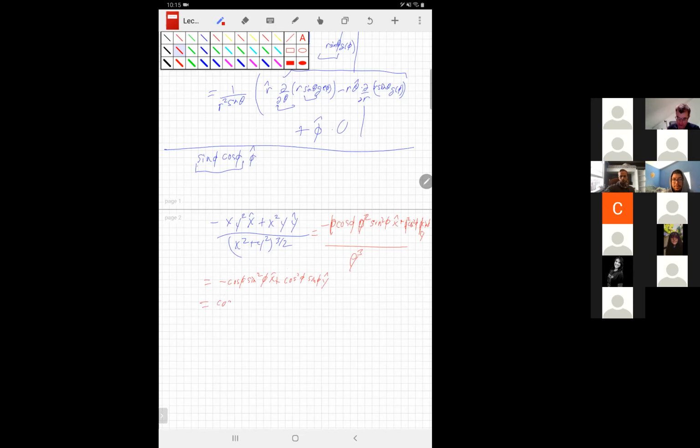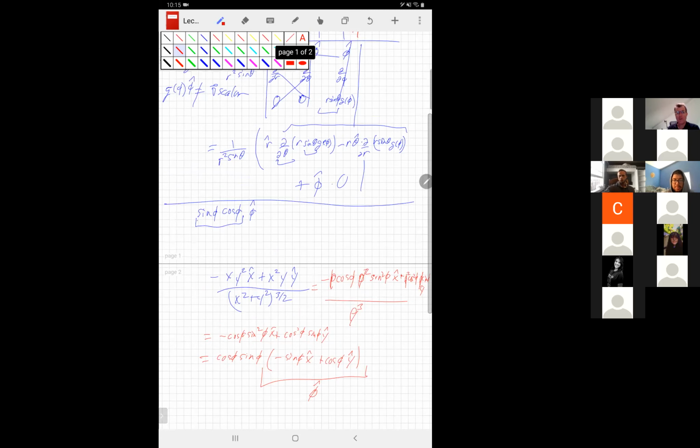So if I just pull out cos phi sine phi, I'm left with minus sine phi x hat plus cos phi y hat. And this is the unit vector phi hat. So lo and behold, the fifth one was exactly equal to the fourth one. It's just that the fourth one was written in cylindrical coordinates, and the fifth one was written in Cartesian coordinates.